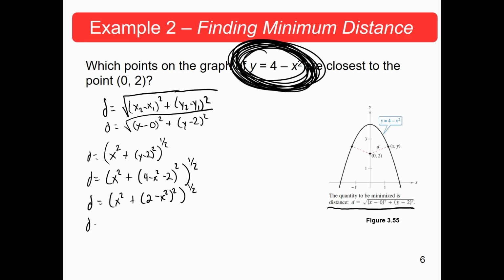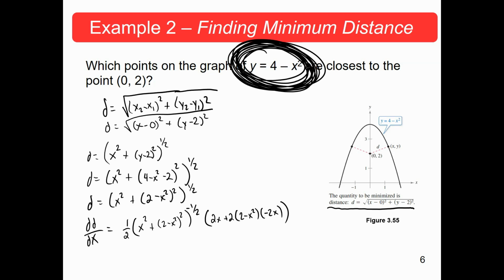So dd/dx equals, bring the 1/2 out front, (x squared plus (2 minus x squared) squared) to the negative 1/2. Then take the derivative of what's inside. Derivative of x squared is 2x. The derivative here, I'm going to have to do another chain rule. So plus 2 times (2 minus x squared) times the derivative of 2 minus x squared, which is negative 2x. Ugh.